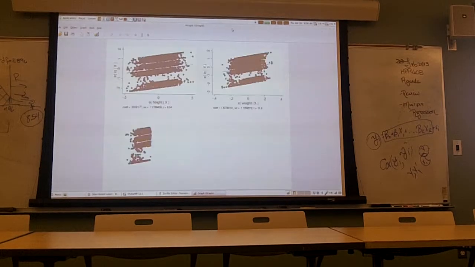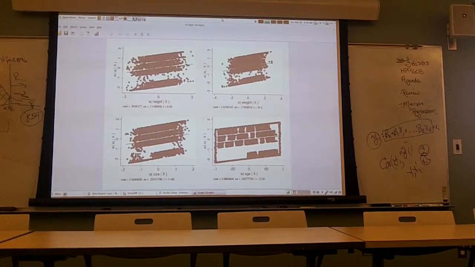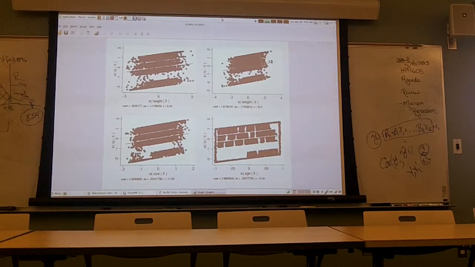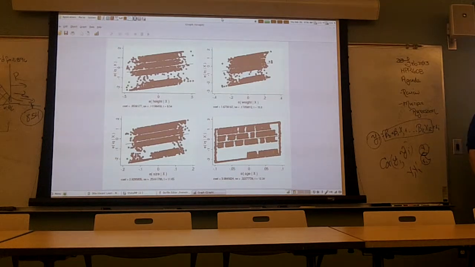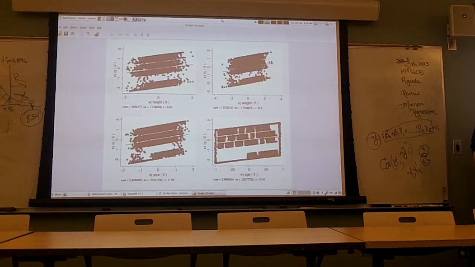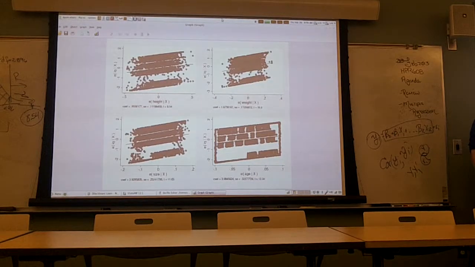Okay, so let's look at this. And this is really cool in that it does this for you. So what does it mean to partial something out? Not semi-partial, but partial. So you're taking out the effects of the other independent variables on one independent variable and the dependent variable.